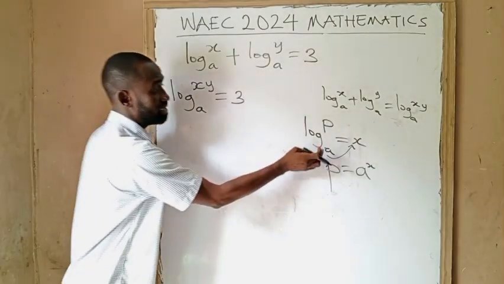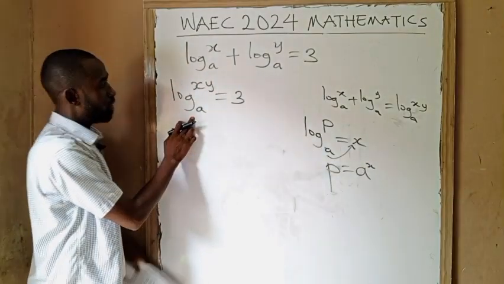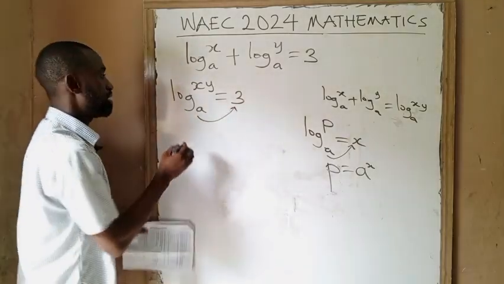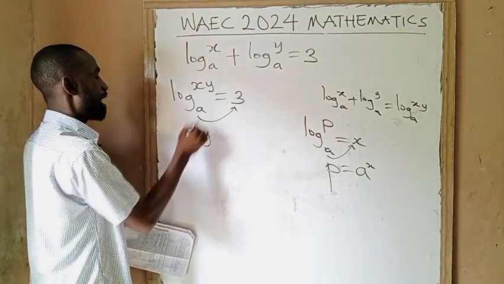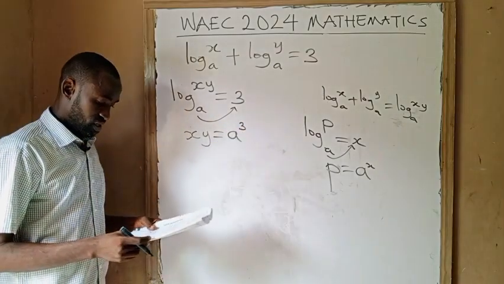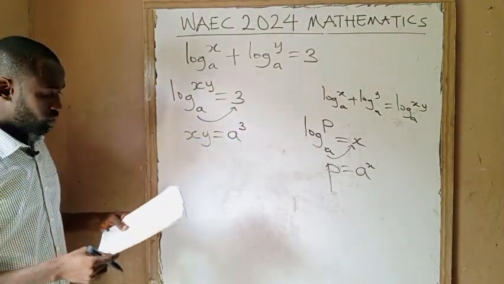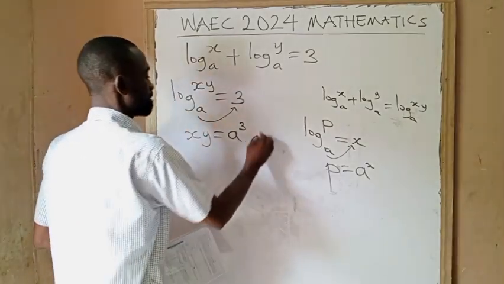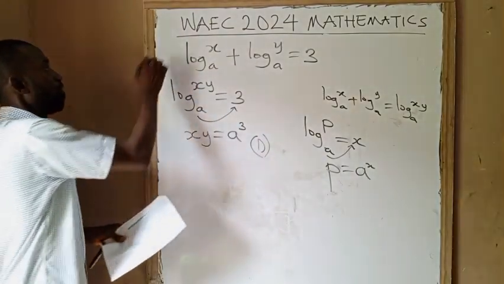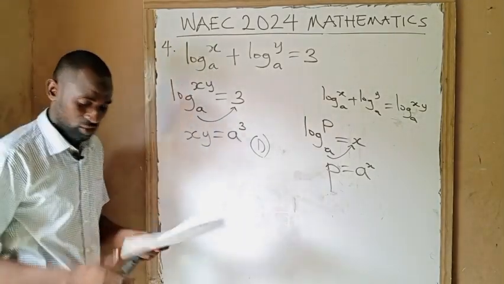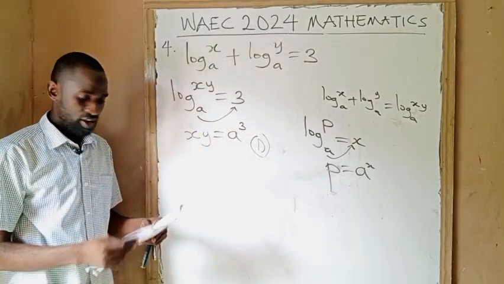So I will apply this here. If I want xy to stand alone, this a will raise this 3 up. Are you with me? So now we have xy equals a raised to the power of 3. So the correct answer to that question is option D. Question number 4 is option D.